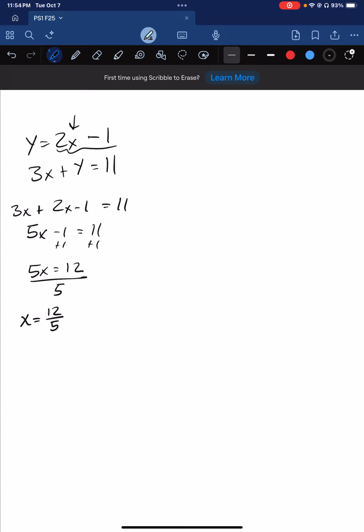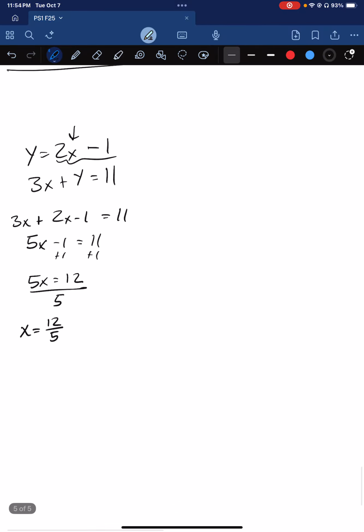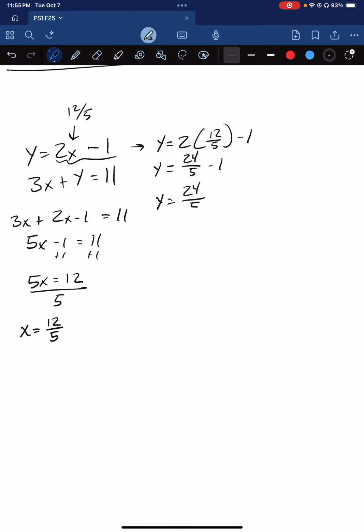So, whoa, it erased. Okay, that was awesome. Let's see, so we're going to plug in 12 over 5 here. And so we get y equals 2 times 12 over 5 minus 1. 2 times 12 over 5 is 24 over 5 minus 1, which is the same thing as 24 over 5 minus 5 over 5, because 5 over 5 is just 1.